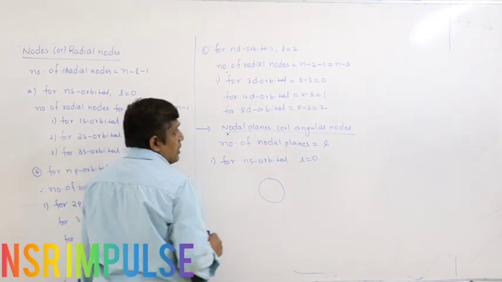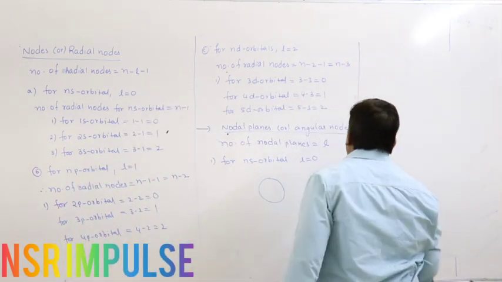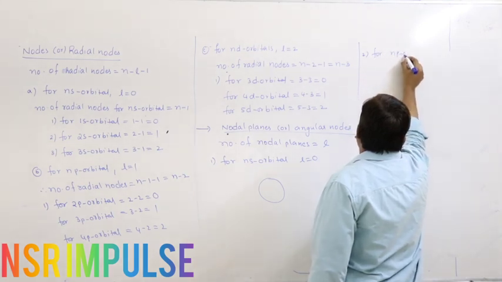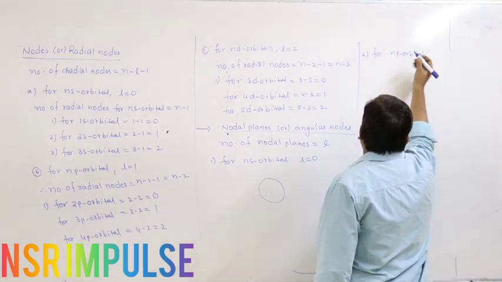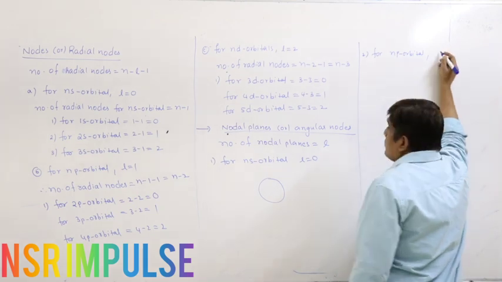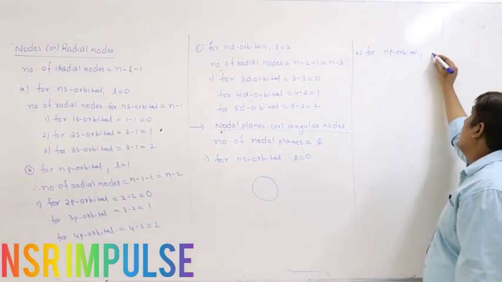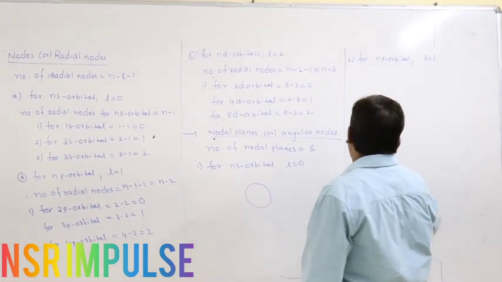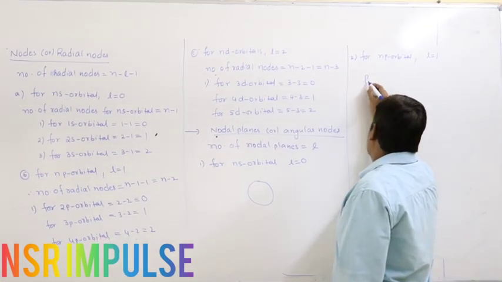Coming to the p orbital. For an np orbital, what is the azimuthal quantum number? L equals 1. So the px orbital.